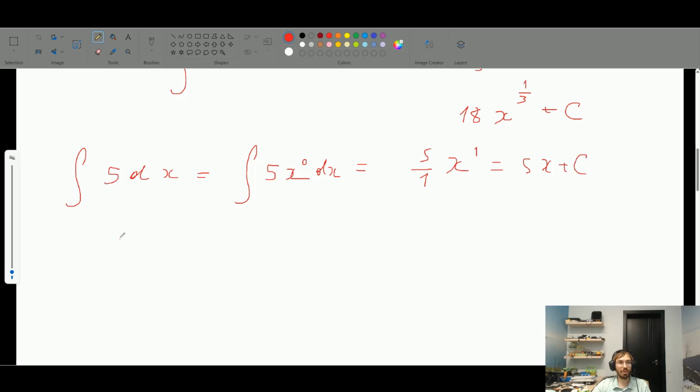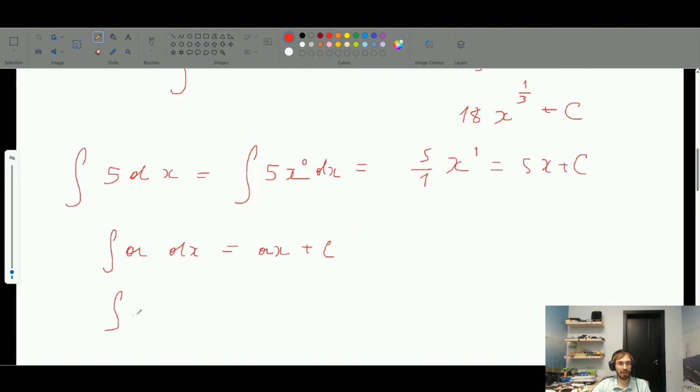So overall the rule is that if you have an integral of a dx, a means any constant, then it will be ax plus c. And here is where dx plays a role, because dx tells us what is the variable or what should be the variable.